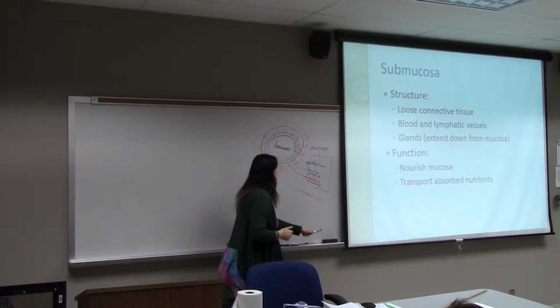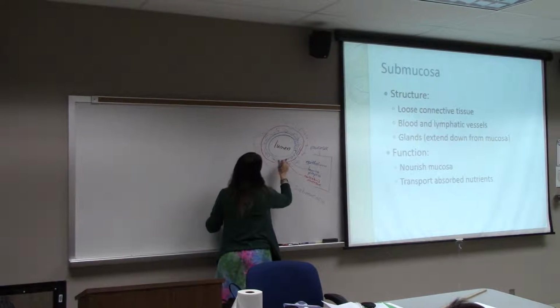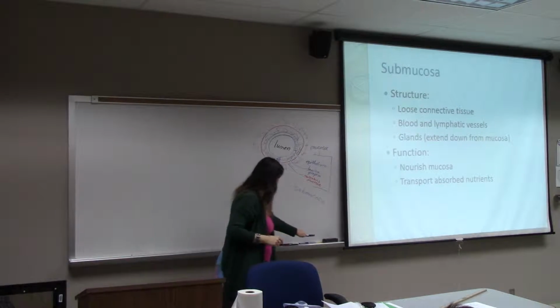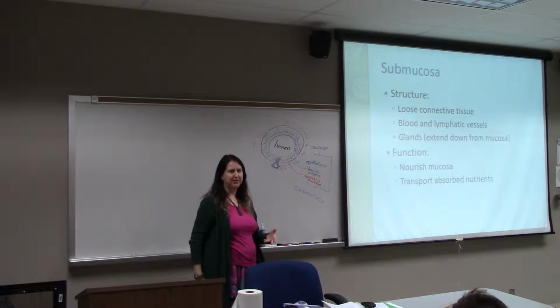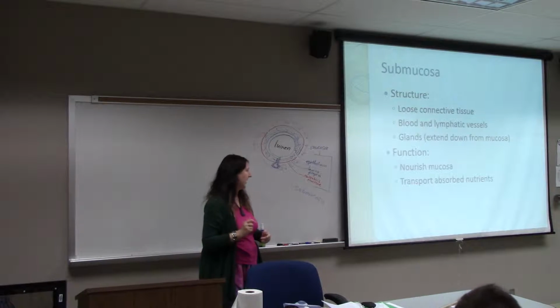In some locations there are glands which actually extend down from the epithelium in the mucosa. So some secretion will come directly from the epithelium, some will come from these glands.